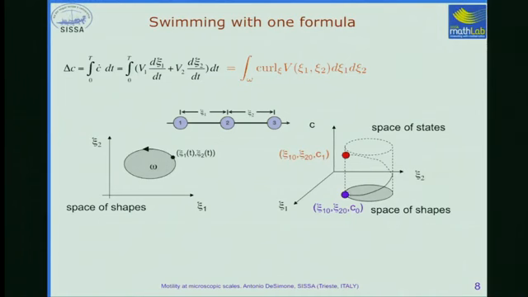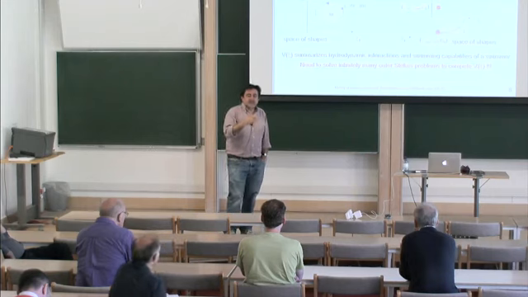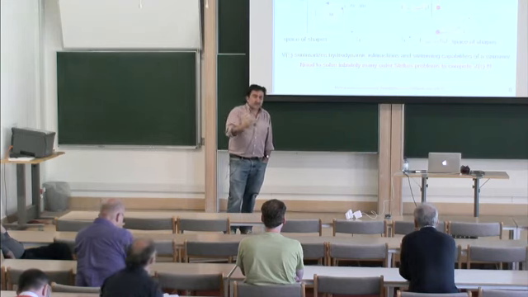Maybe let me just close. Imagine that, as we did, you want to solve the problem of the three-sphere swimmer, which is a model system, and you put yourself in the shoes of an Olympic trainer that wants to win every Olympic race for the three-sphere swimmer for the future. So you want to optimize.